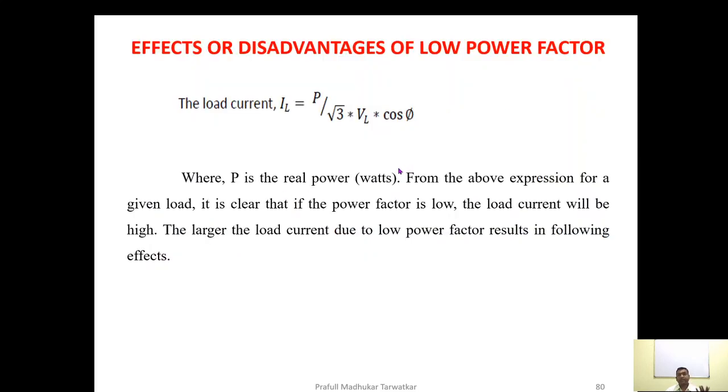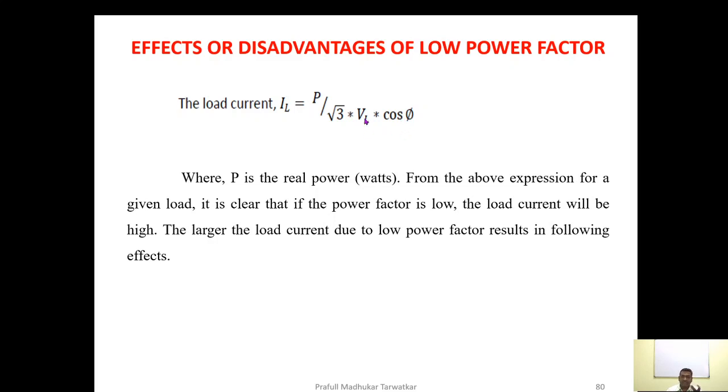Now, what are the effects of having a low power factor on the system? What will happen if the system power factor is less? To understand this, just concentrate on this particular load current equation. The power in the circuit is given by root 3 VL IL cos of phi, and from the same equation we derive load current equals P upon root 3 VL cos of phi.